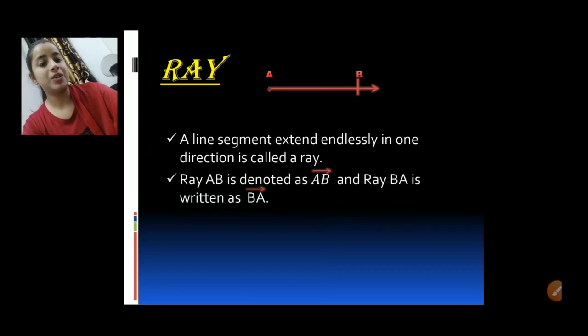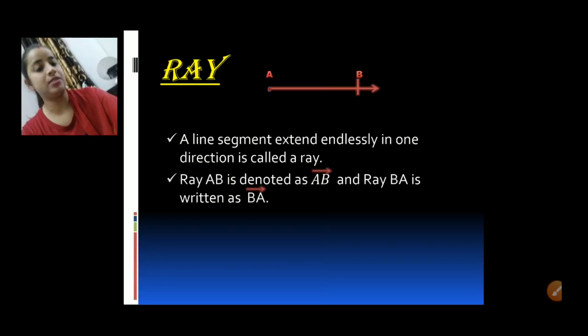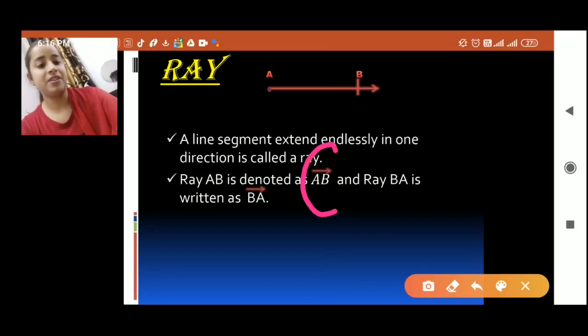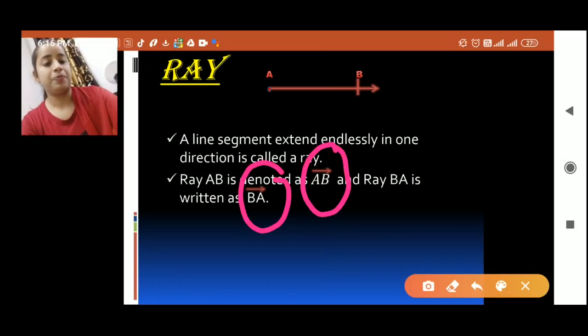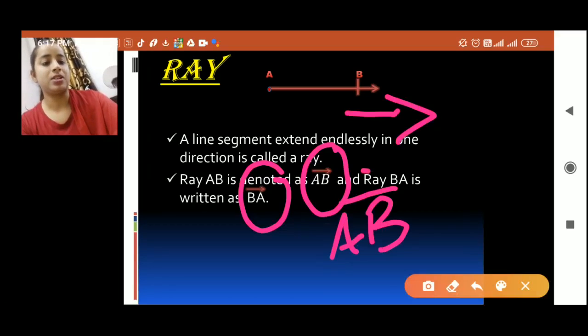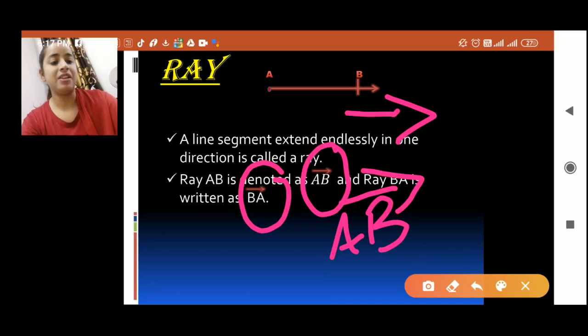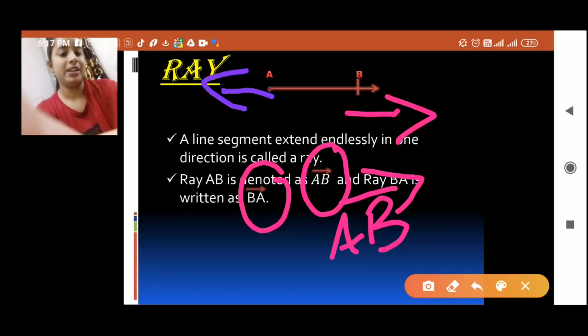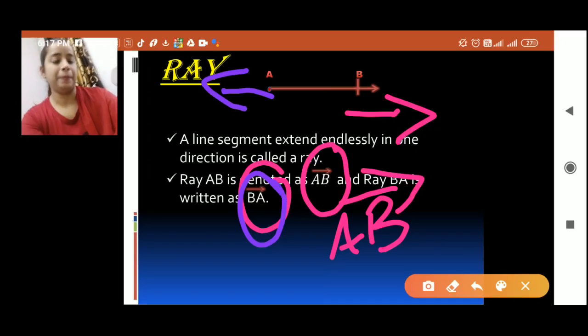Ray AB is denoted as AB with an arrow on top, and ray BA is represented as BA with an arrow. Now just keep in mind that these two rays are different. If we extend it from B, we will write AB with an arrow mark on the top, and if we extend it from the point A, it will be BA.